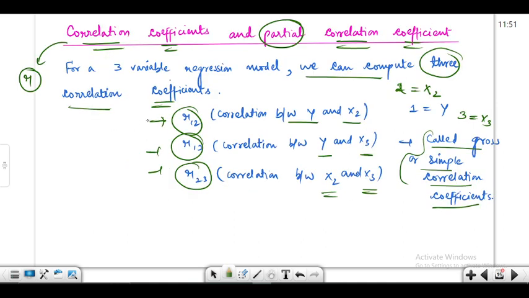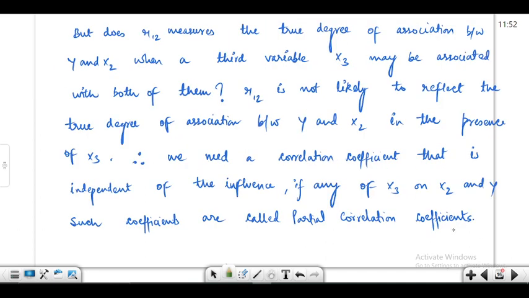R12 is talking about the correlation between y and x2 variable. But does R12 measure the true degree of association between y and x2 when a third variable x3 may be associated with both of them? In the case of the three variable regression model, we have an extra x3 variable present. So when I compute R12, is it measuring the true degree of association between y and x2?